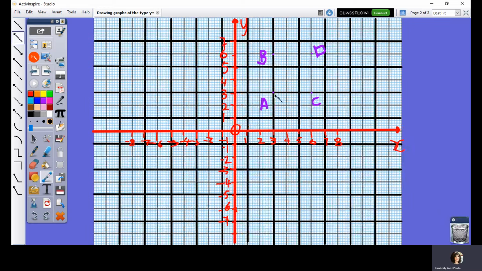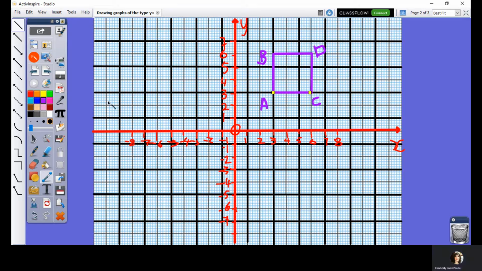Here you have to join from A till B to form your square. You have to join all the dots to form your square.